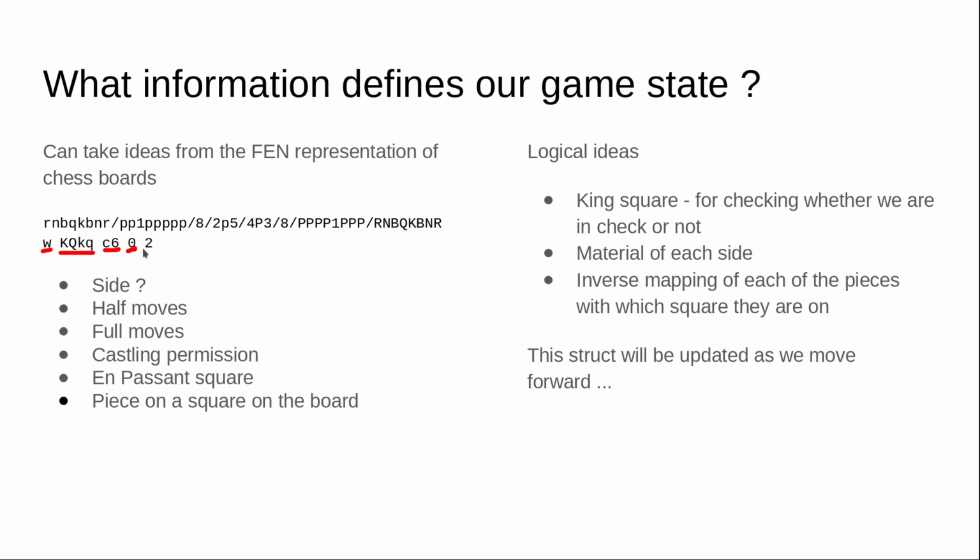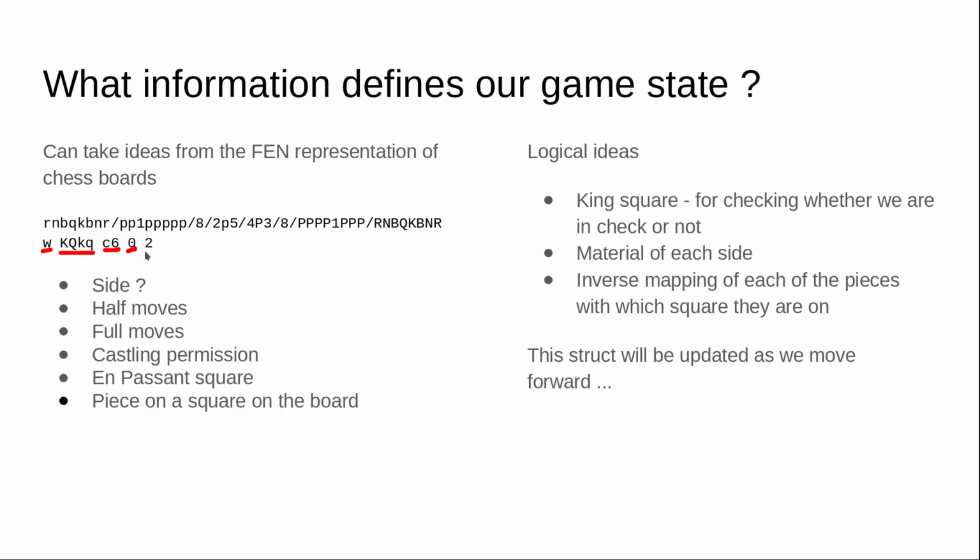This is basically used to determine if a draw can be claimed under the 50 move rule. What the 50 move rule says is that if neither side makes any capture or pawn advance during the last 50 moves, then the match is said to be a draw.